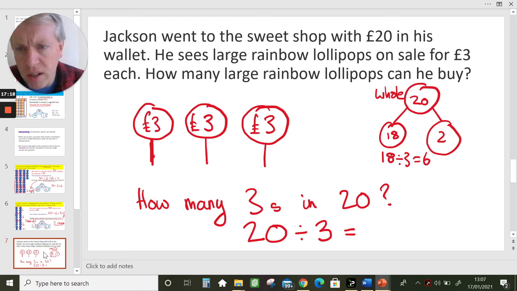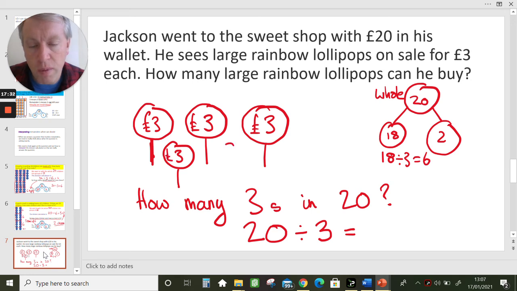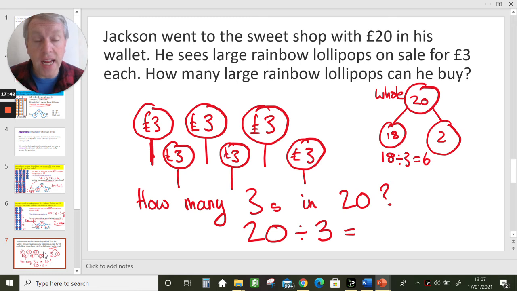Let's think about it. You can buy 1 lolly, £3. 2 lollies, 6. 3 lollies, 9. Let's try it again. 4 lollies, £12. 5 lollies, £15. 6 lollies, £18. If he buys another one, it's £21.